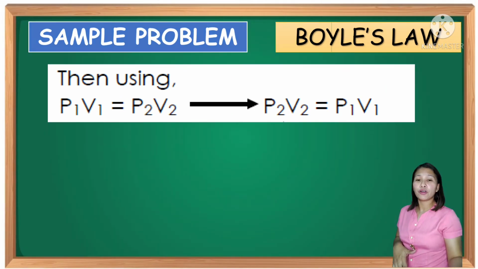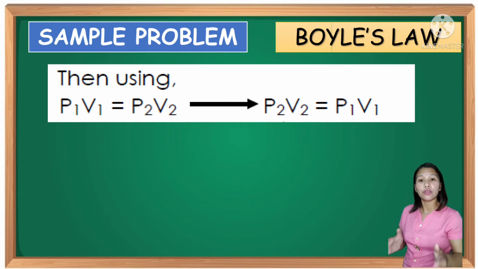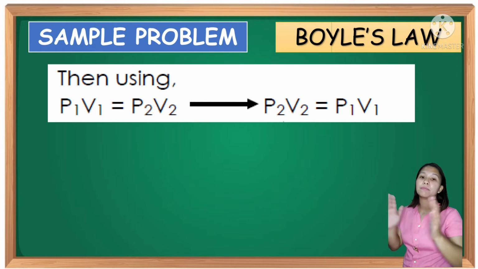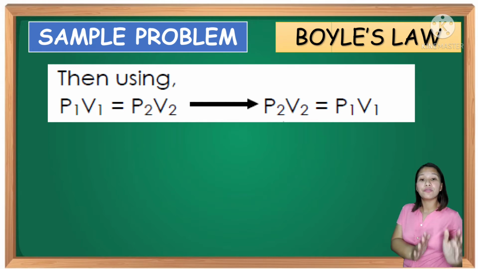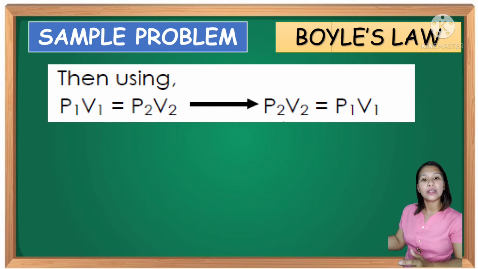From the formula, we can interchange the two sides since it is equal. So, if we're looking for the final volume, we will interchange the position of P sub 1 times V sub 1 and P sub 2 times V sub 2. So, we can have P sub 2 times V sub 2 is equal to P sub 1 times V sub 1.